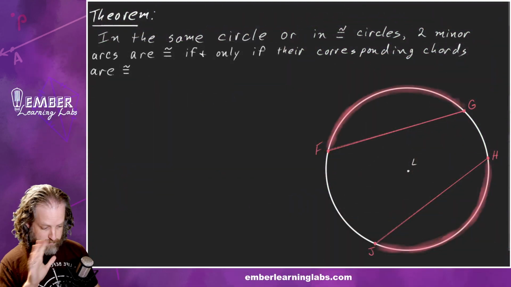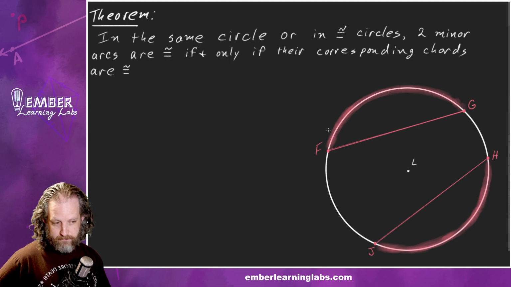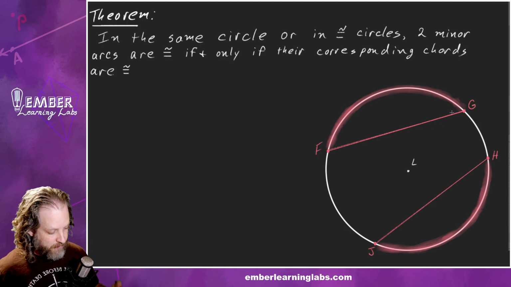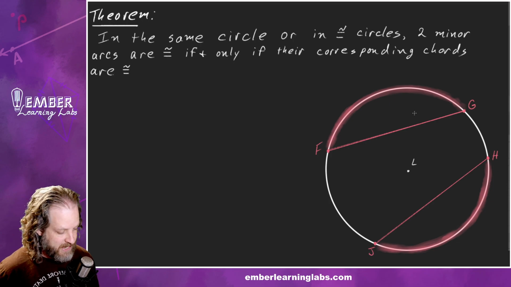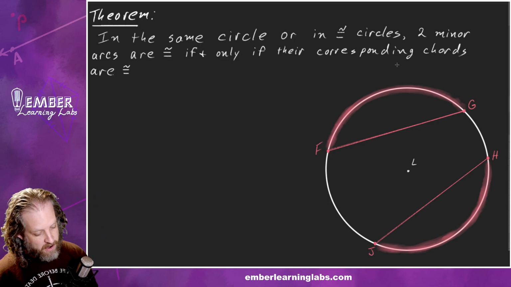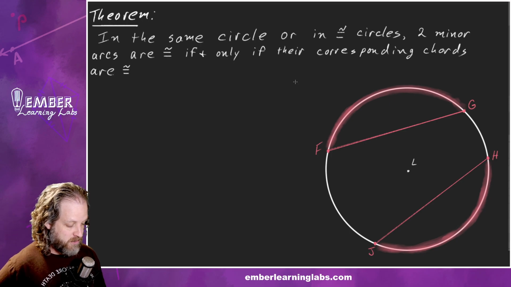So remember, first of all, what is a chord? A chord is a line segment that has both of its endpoints on the circle, right? So the first theorem we're going to learn is: in the same circle or in congruent circles, two minor arcs are congruent if and only if their corresponding chords are congruent.